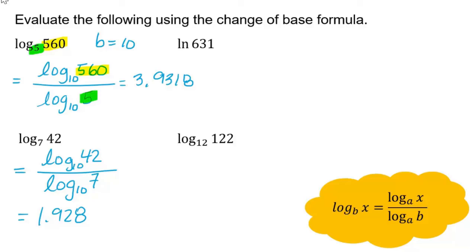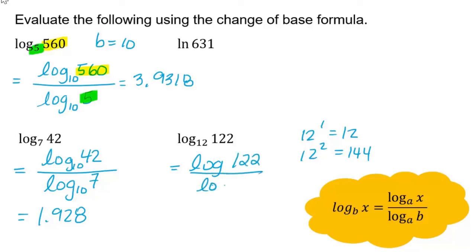Similarly, we can find the logarithm of 122 to the base 12. Again, 12 to the power of 1 is 12, 12 to the power of 2 is 144, so I expect that I'll have 12 to the power of a number slightly less than 2 as our answer here. In any case, we'll calculate the logarithm of 122 divided by the logarithm of 12.